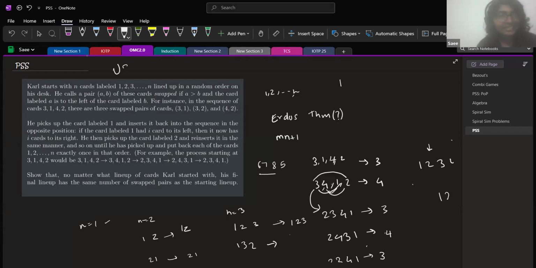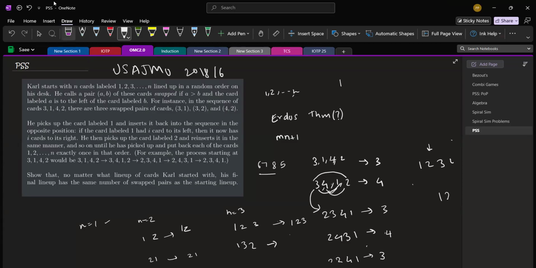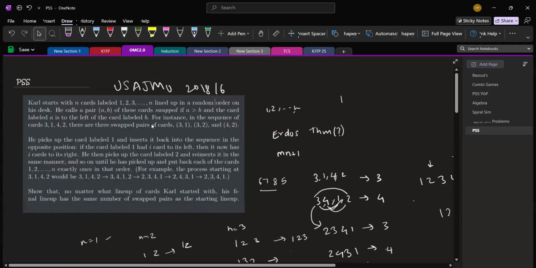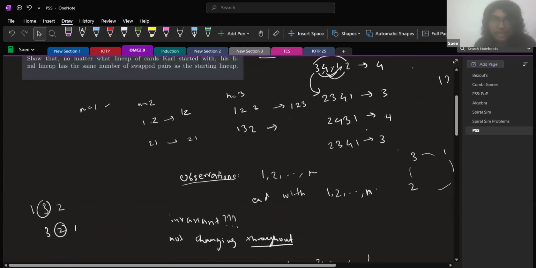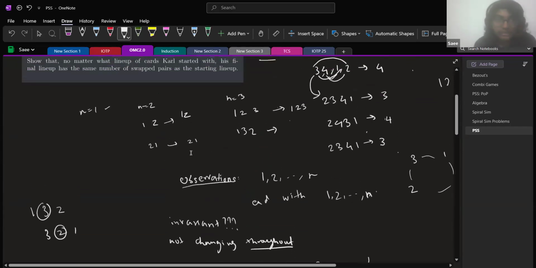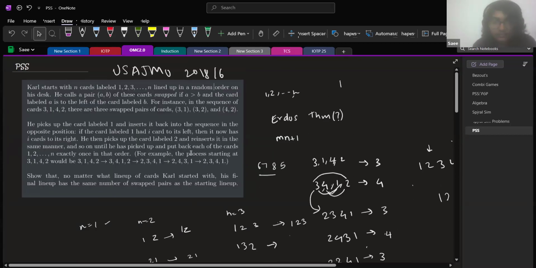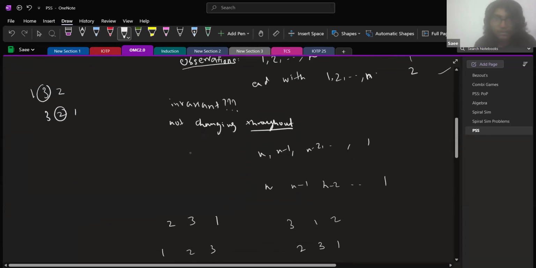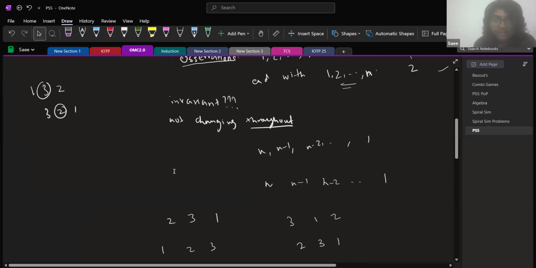Yes, this is from USAMO 2018 Problem 6, I think. There are some more cool solutions that we can discuss. For example, first you observe some things, like if you're starting off with 1 to n, you end up with 1 to n.